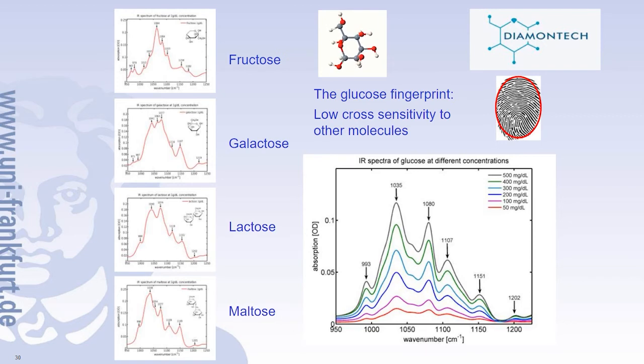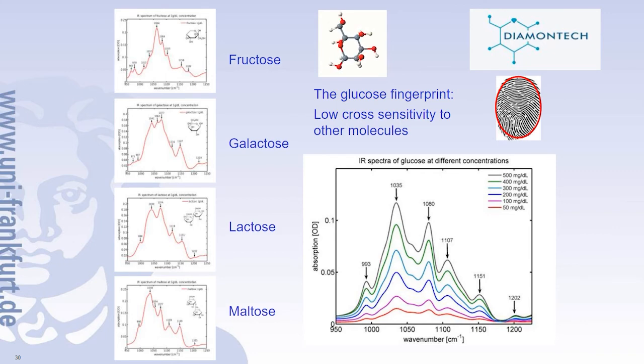The blue line, the next line, is 100 milligrams per deciliter, which is normal glucose, and the top line is 500 milligrams per deciliter for hyperglycemic situations, which is also dangerous for diabetes patients. Those peaks arise from CO and OH bonds of the glucose molecule, and they give rise to that pattern. And this pattern is so characteristic that it can be termed a glucose fingerprint in the mid-infrared.